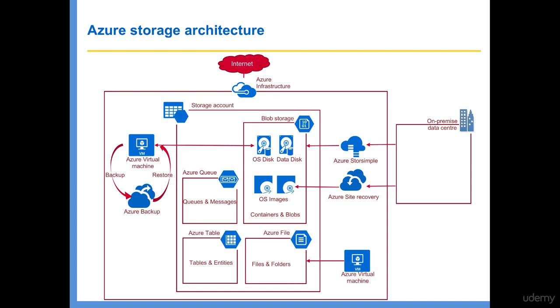Azure Backup will take the backup of your Azure virtual machine and store that image into the recovery services vault. And whenever you want to restore it, you can restore it from that backup image. So one key thing that you need to remember is Azure Backup doesn't use blob storage. It has its own storage, which is recovery services vault. Keep that in mind.